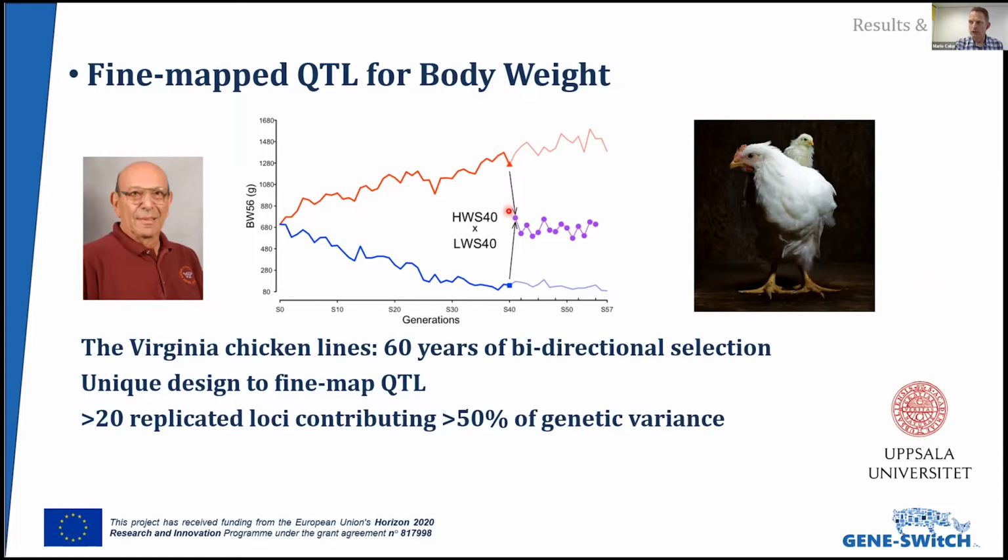At some moment in time, the two divergent lines were crossed with each other to make an advanced intercross line. This gives a unique design, but also a very good resource with high resolution to fine map QTL. To date, more than 20 replicated loci have been found that together explain more than 50% of the genetic variance. So that's about the fine mapping of the QTL.